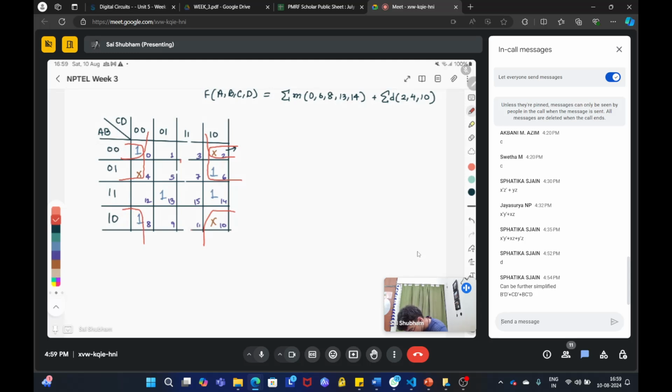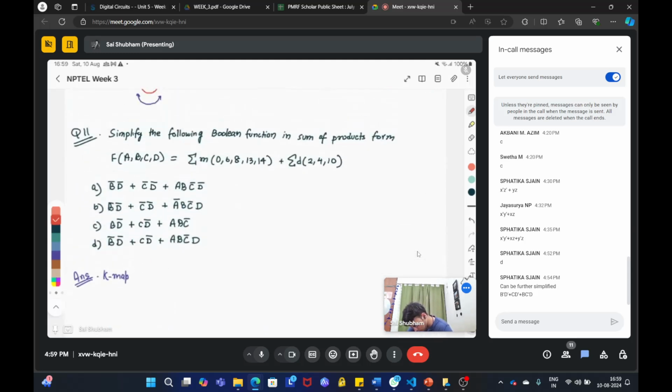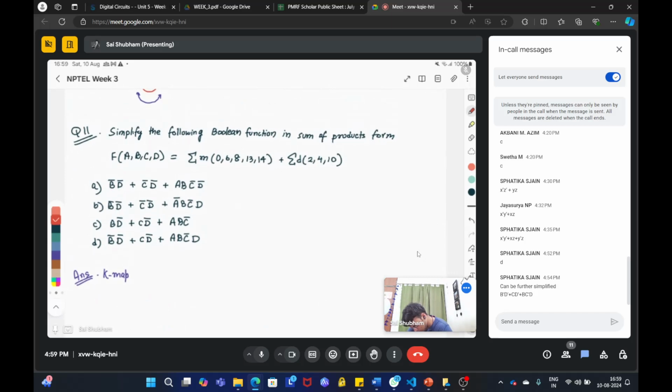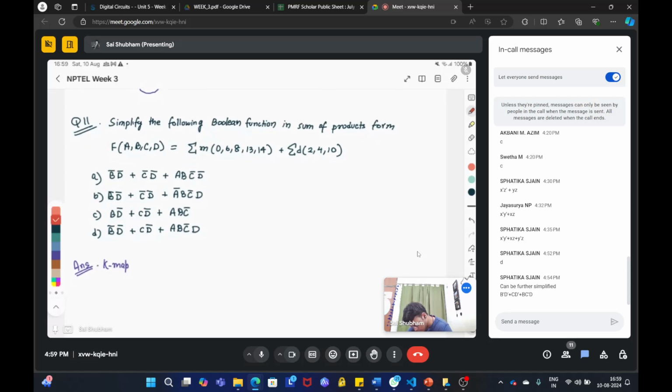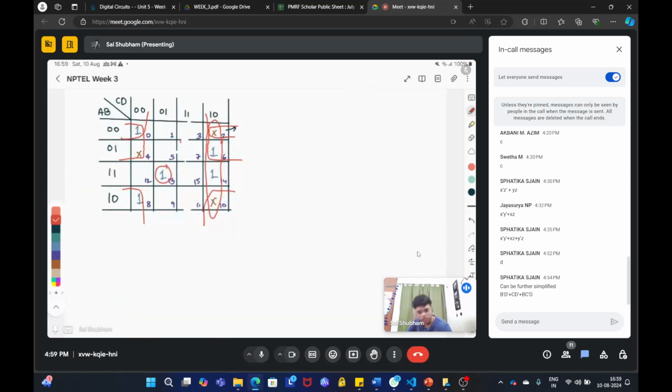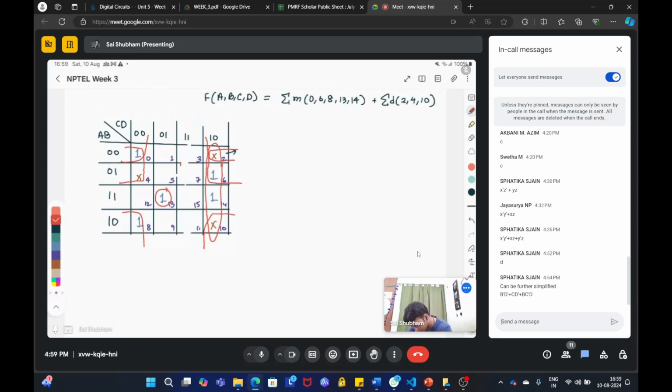We can make a rectangle like this. And this is the independent one. Yeah. So I have mentioned B, C, D, B, C bar.